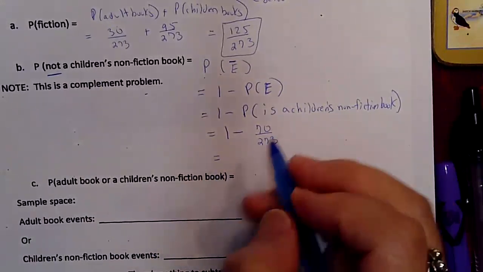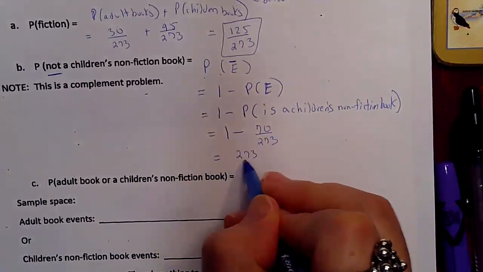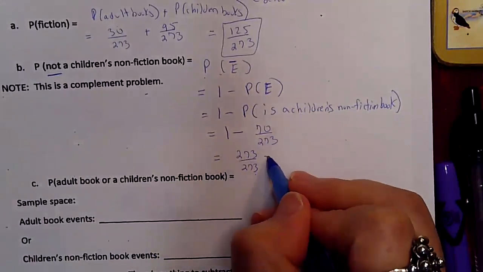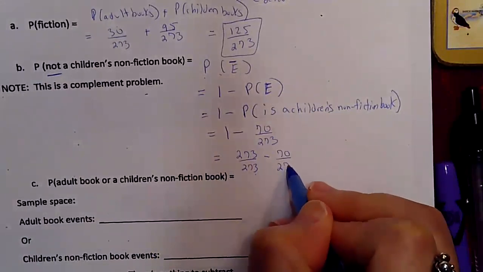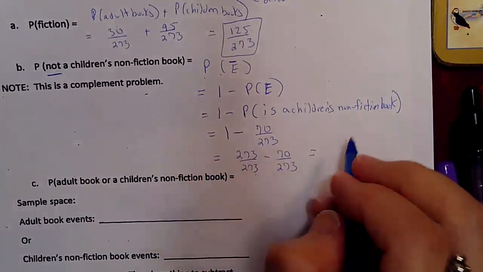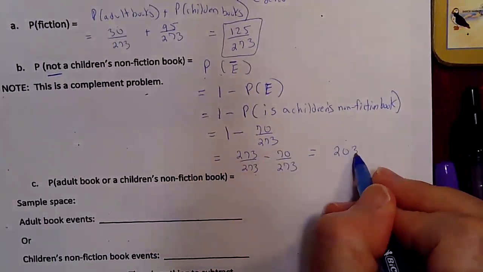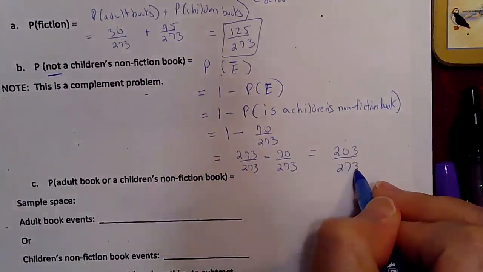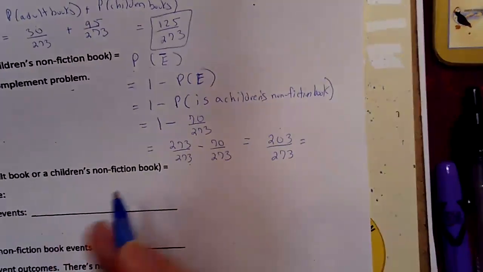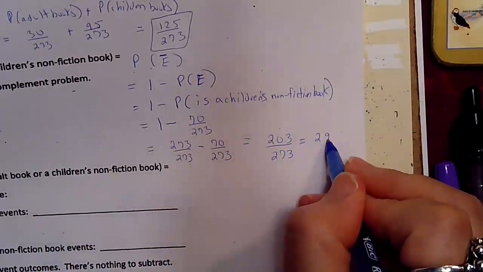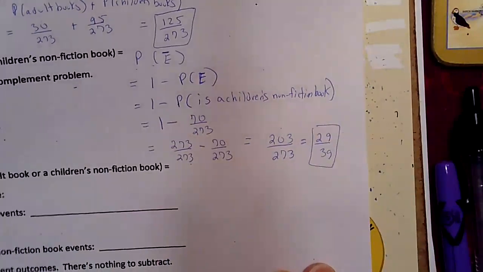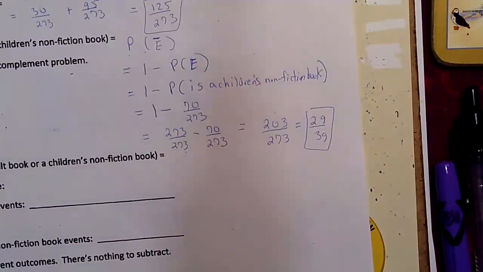And then whenever you add or subtract fractions, you have to have a common denominator. So 273 over 273 minus 70 over 273. And 273 minus 70 is 203. And that actually can be reduced if you do the math frac on that. 29 over 39. So that can be reduced.